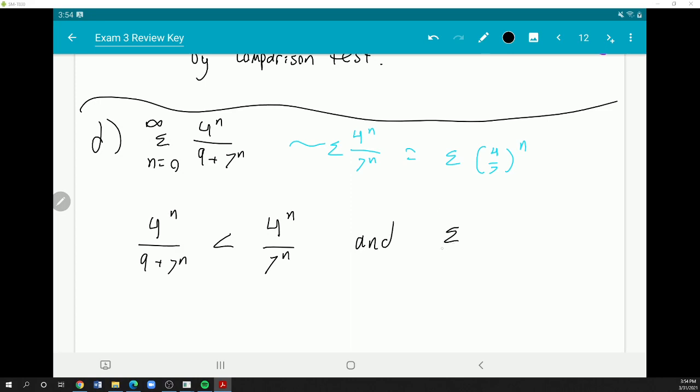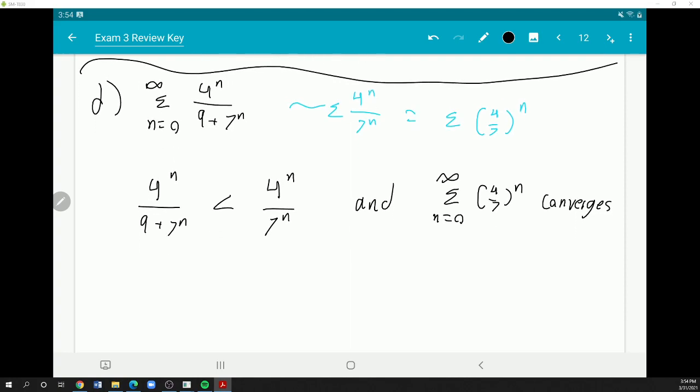And this sum converges because it's just a geometric series with r less than 1. So this sum, 4 to the n over 9 plus 7 to the n, converges as well by the comparison test.